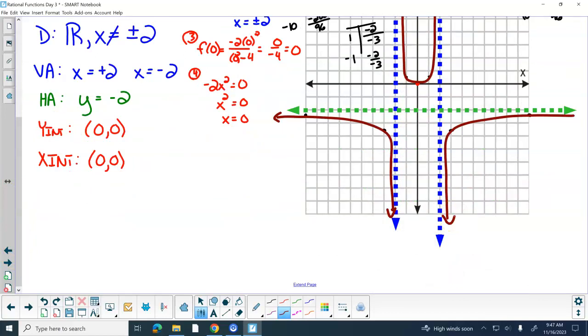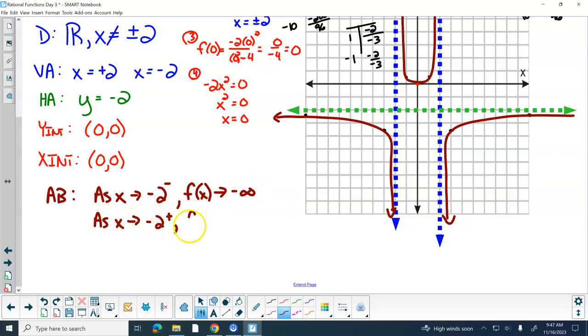Yeah. So then now we can do all of our wonderful asymptotic behavior first. So we're going to say as x approaches negative 2 from the left, I'm approaching the left blue line, my function is going to negative infinity. As x is approaching negative 2 from the right, my function is approaching positive infinity, because now on this side here it's going up. As x is approaching positive 2 from the left, function's going up.